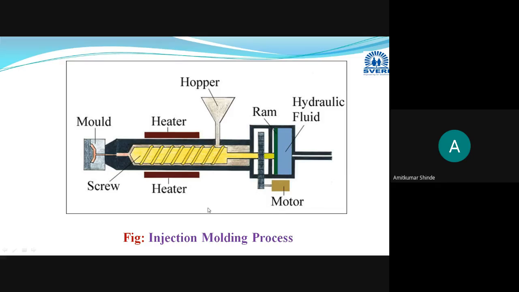And sometimes defects like undercuts, unfilled sections or ejector marks may be there. You can write this in the disadvantages. First disadvantage is that its tooling cost or setup cost is very high, and some kinds of defects may occur like undercuts. So in this way we have completed this injection molding process.